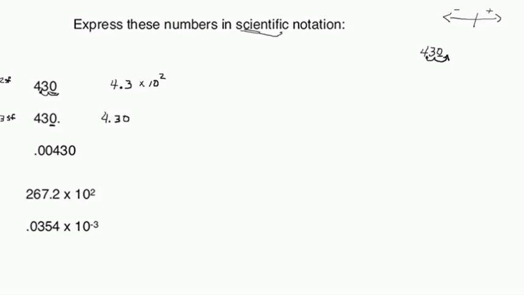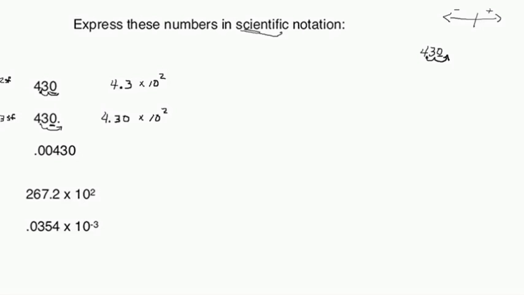Now once again, your decimal goes between the 4 and the 3, just like I've written here, and you're moving out the same direction, 1, 2, to where the decimal actually is. So for this one, it's still going to be 4.30 times 10 to the second. So the difference between the first one and second one only has to do with the decimal changing the number of significant figures you have.